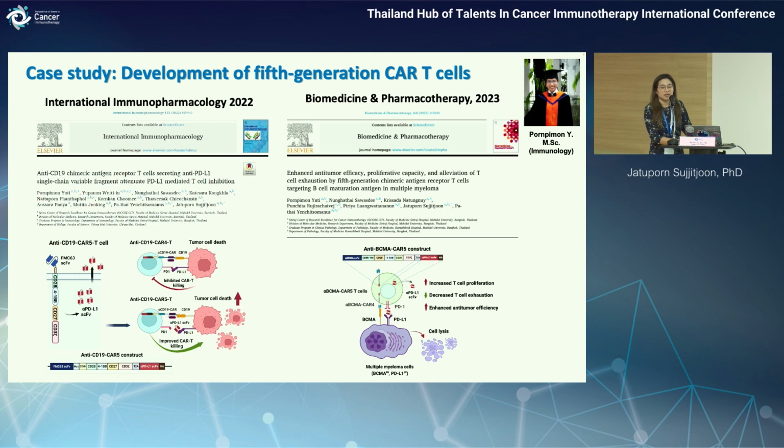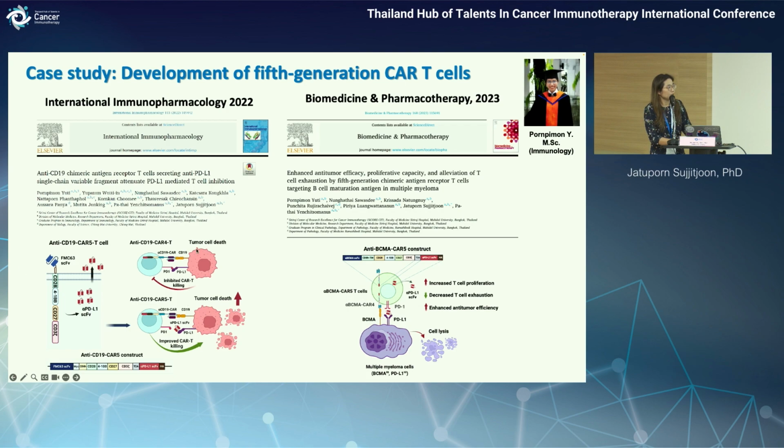This is our case study of 5th generation CAR that was published in 2022. Just this year, we created a 5th generation CAR targeting CD19 and tested it in an in vitro model, where it can kill leukemia and lymphoma cancer cells very efficiently.